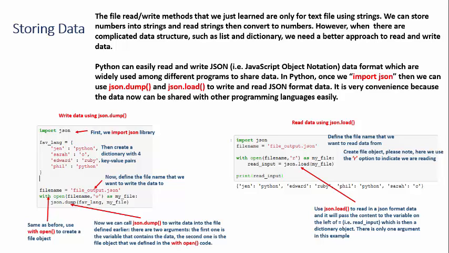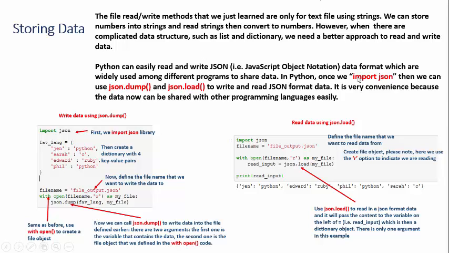Luckily, Python can easily read and write JSON data format, which are widely used among different programs to share data. JSON, which is JavaScript Object Notation, is basically a description of how the data is organized. It can deal with much more complicated structures.